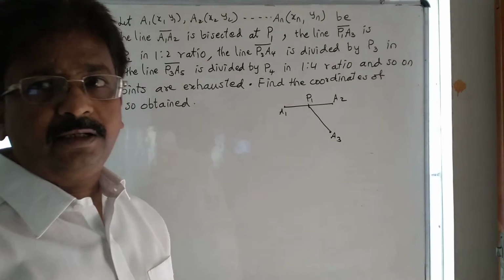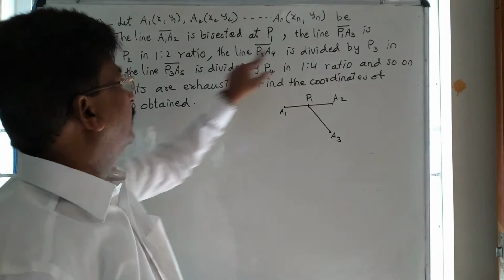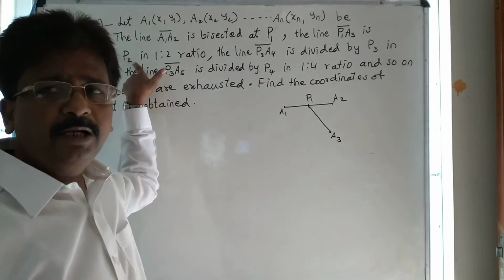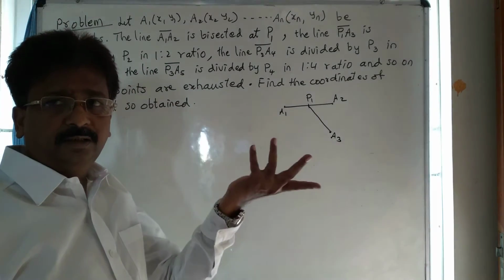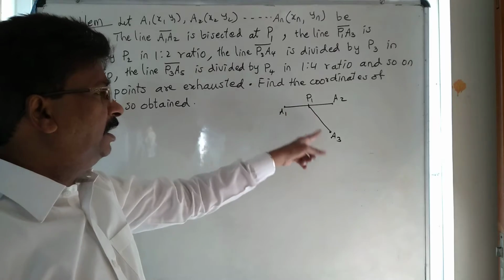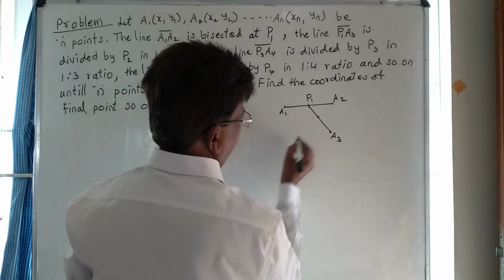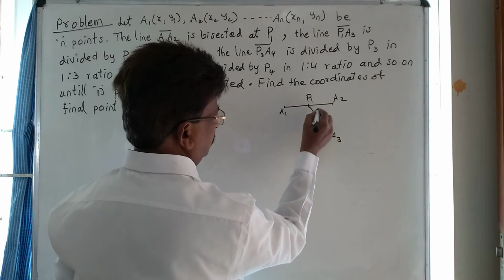It is divided by the point P2, so P2 lies on the line segment P1 A3 and divides it in the ratio 1:2. This part is 1, this part is 2.